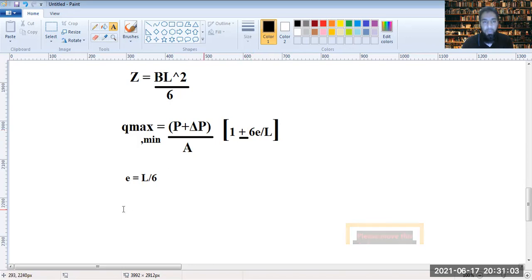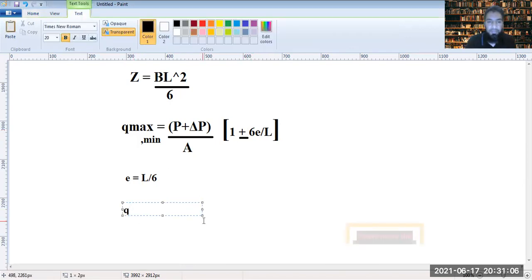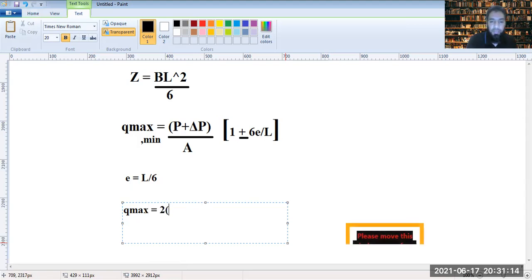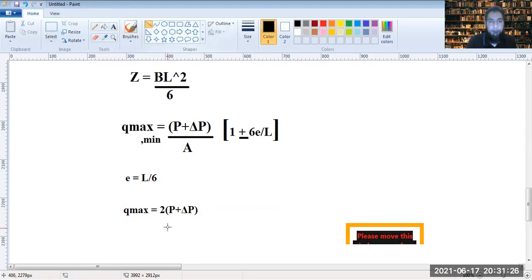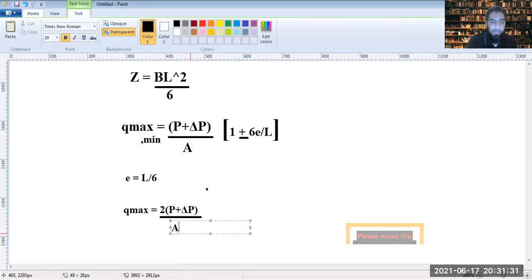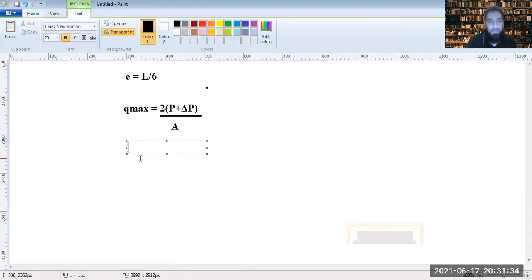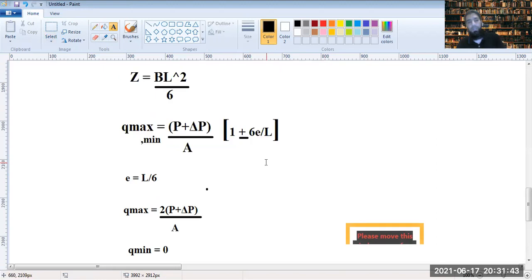So the maximum value of Q would be twice P plus delta P by A, and the minimum value of Q would be 0 here. Very important to know that this value is becoming 0.